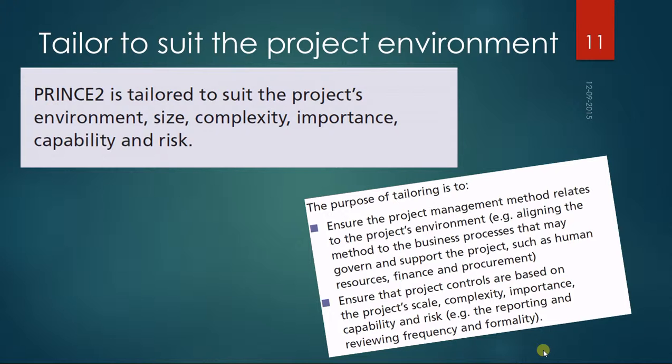It's like when you drive a car: if you want to go up a very steep hill, maybe you have to drive in second gear, but if it's downhill, maybe you don't have to turn on the engine at all. So you really need to find the right tools and techniques.